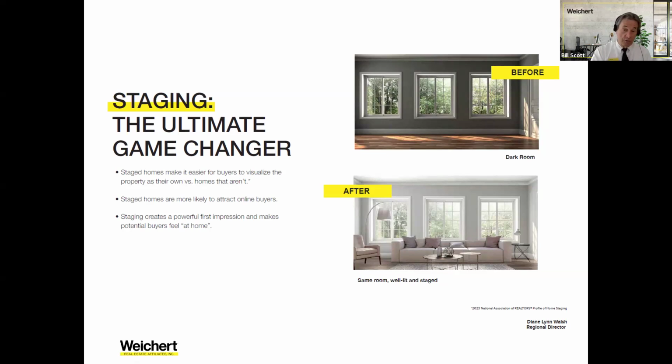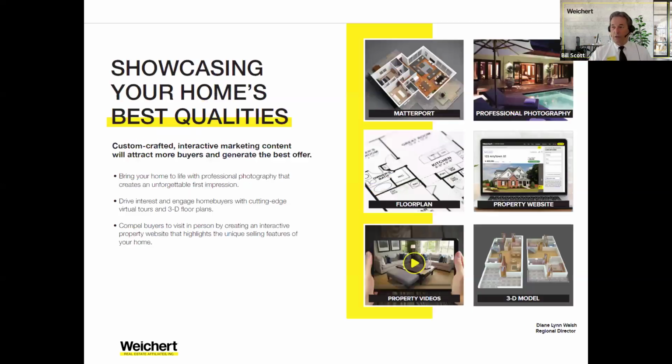Now, of course, you have to disclose that it's virtually staged, but we have a vendor with Weichert called Box Brownie that, even if you've got a picture with a bunch of old, tired furniture in it, you can take a picture, clean that up, put it out. And you can talk about how much of a difference this makes, especially for marketing online, even though we have to disclose that it's virtual staging.